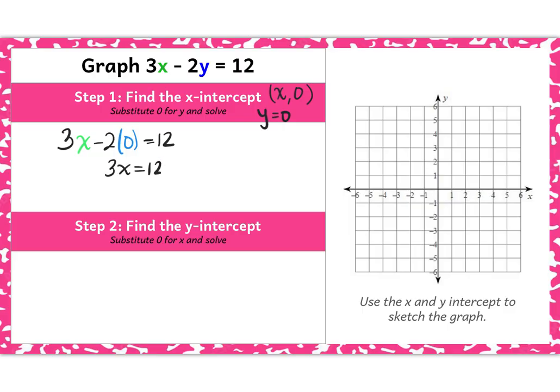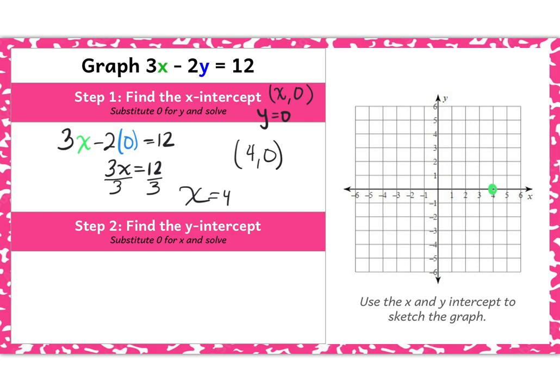I just need to solve this one-step equation, so I end up with x equals 4. That means that my x-intercept is the point (4, 0), which I can go ahead and plot.